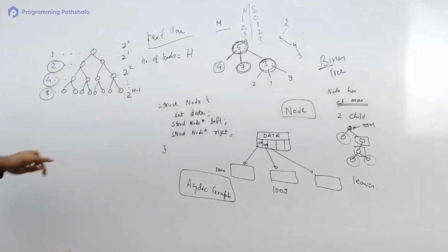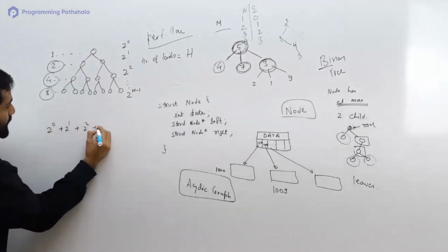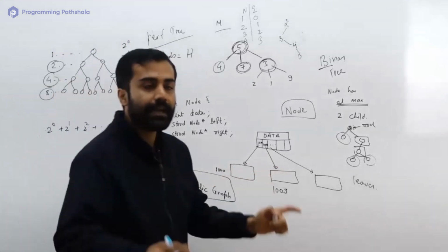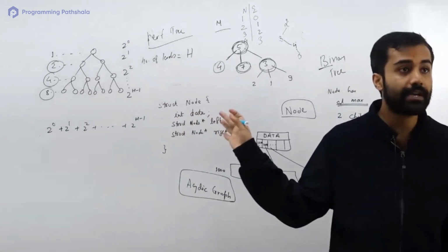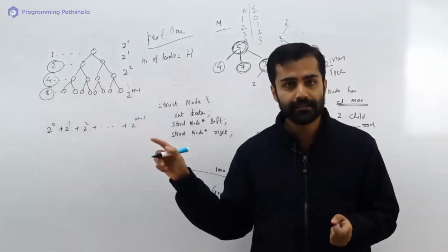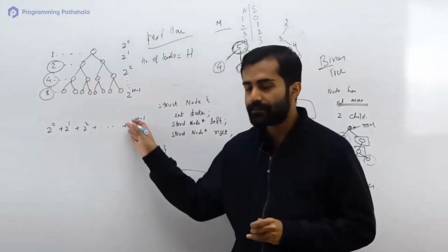And now if you take a look at this, 2 power 0 plus 2 power 1 plus 2 power 2 till 2 power h minus 1, this is a very special kind of series. Which kind of series? GP, geometric progression. Now, do you know the sum of a GP? It's very basic maths.